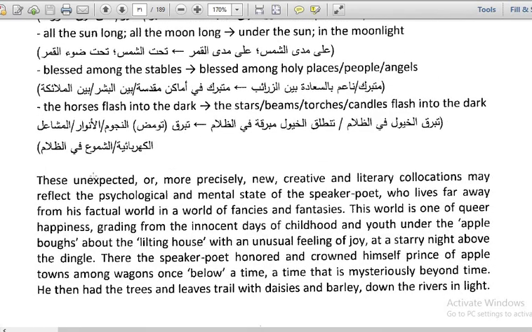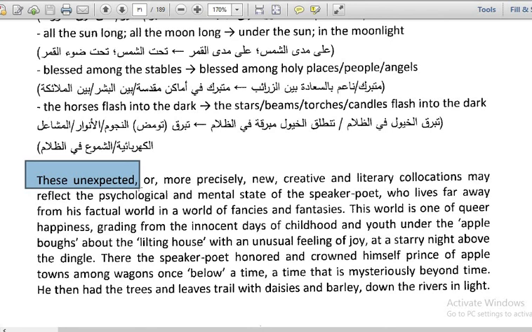These unexpected, or more precisely new, creative and literary collocations may reflect the psychological and mental state of the speaker, which is the poet, who lives far away from his factual world in a world of fancies and fantasies.